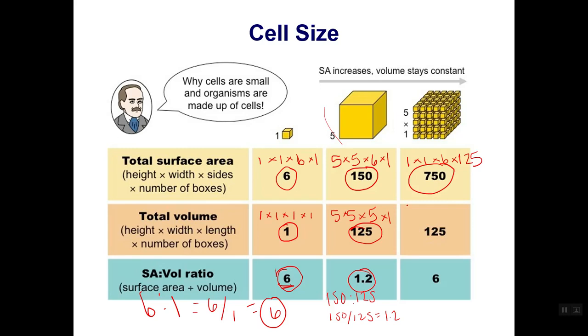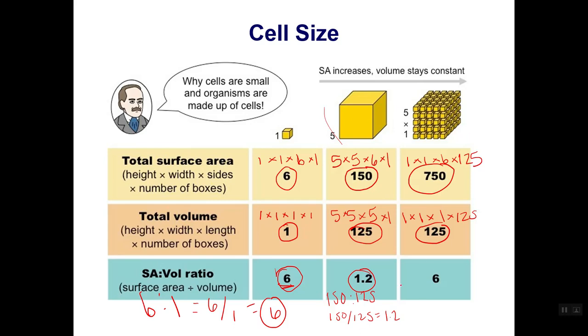Volume: the height, the width, and the length all multiplied together times the number of boxes. So the height is 1 times the width is 1 times the length is 1 times 125. That gives us 125 for our volume.